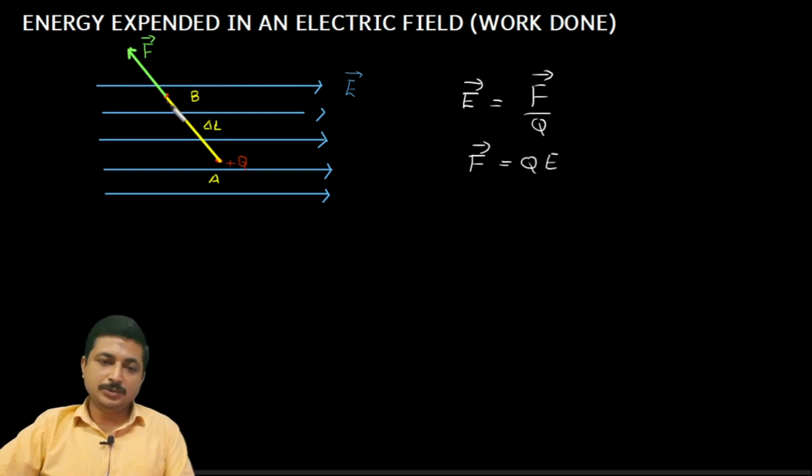I am going to study the work done, or the force exerted, by considering the horizontal component of the force which is exactly opposite to the field, because this will give me a sense of the maximum force required against the field.